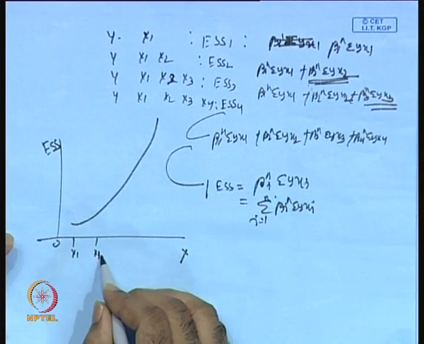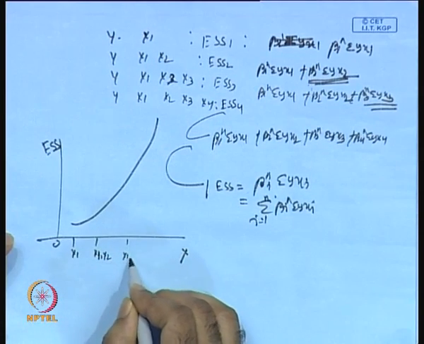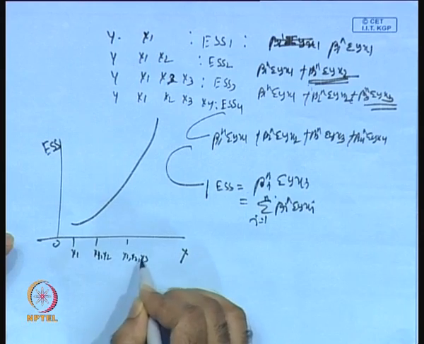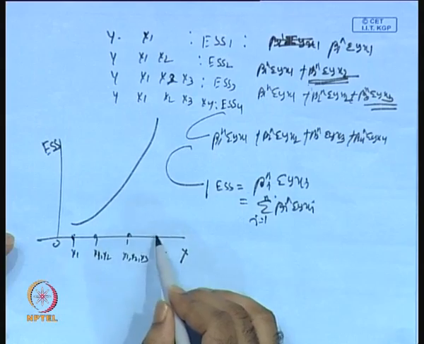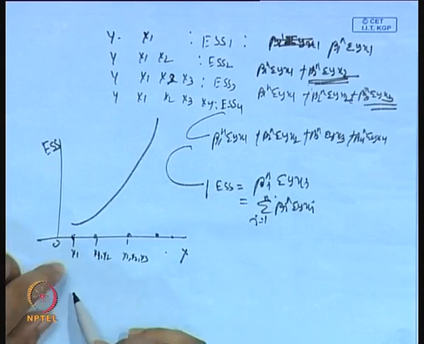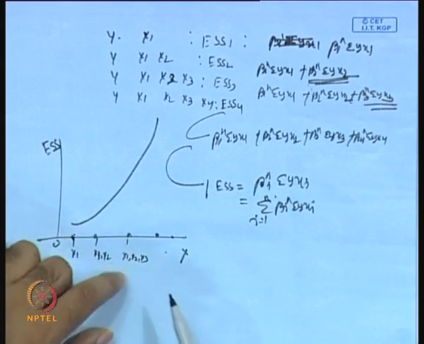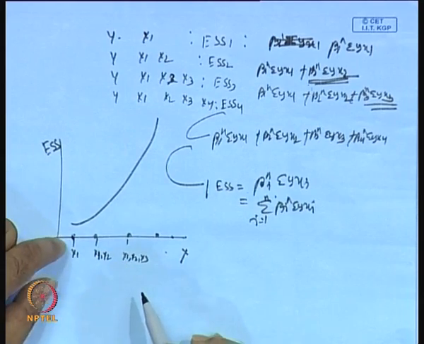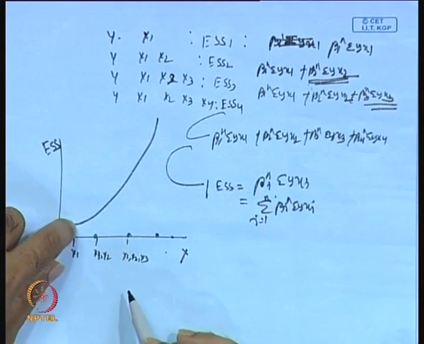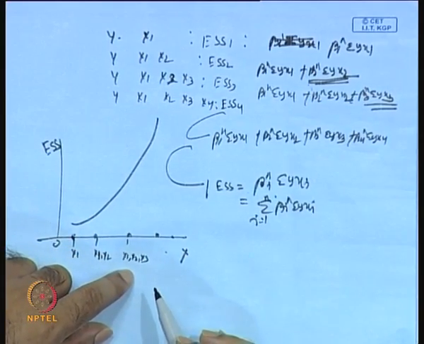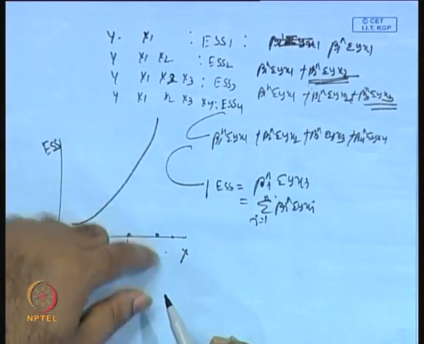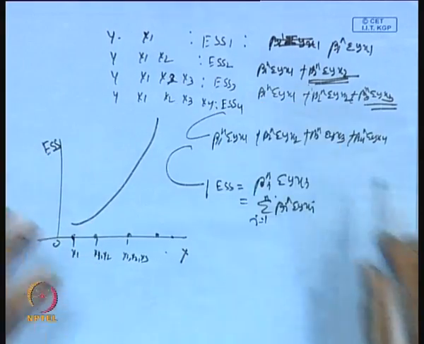This is x1, x2, x1, x2, x3 and so on. So, this is point 1, 2, 3, 4, 5: point 1 is 1 variable, point 2 is 2 variables, point 3 is 3 variables. When there is one variable, what is ESS, when there are two variables, what is ESS, when there are three variables, what is the ESS. If we plot all these, it will be in increasing sequence.